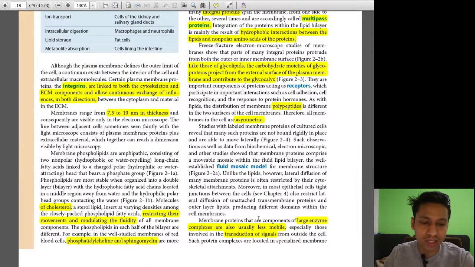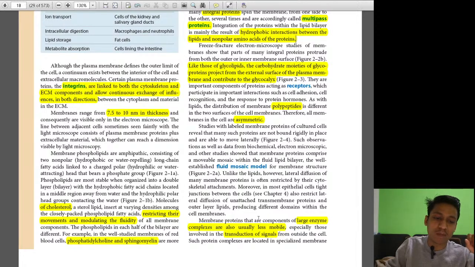Membrane proteins that are components of large enzyme complexes are usually less mobile, especially those involved in the transduction of signals from outside the cell. Here is an important thing that needs to be understood.